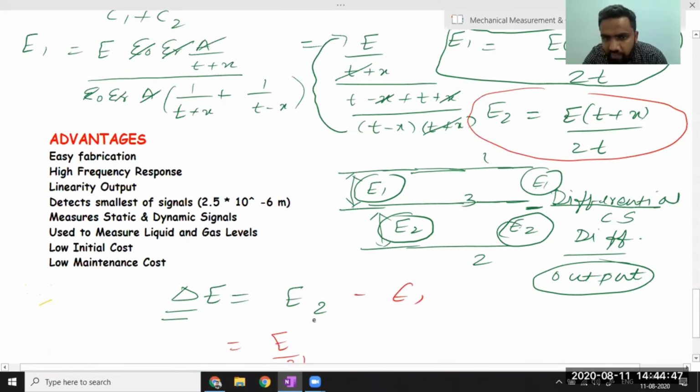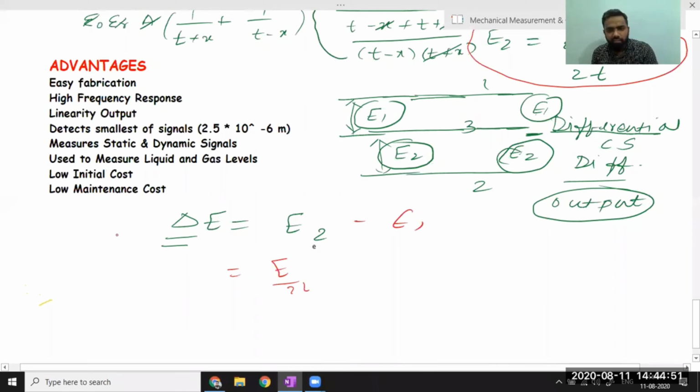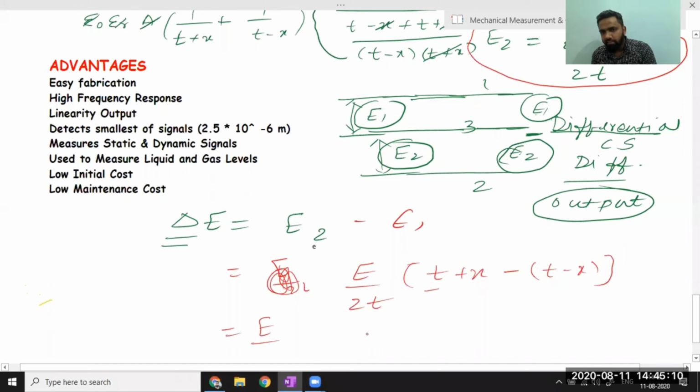So this will be E upon 2T, which is constant. I am feeding the signal into a differential system. A differential system takes the difference of the two voltages. So E by 2T will be constant. What will remain in the system is T plus X minus T minus X. Just look at this thing: T is getting cancelled.